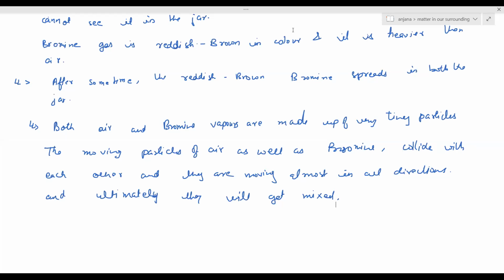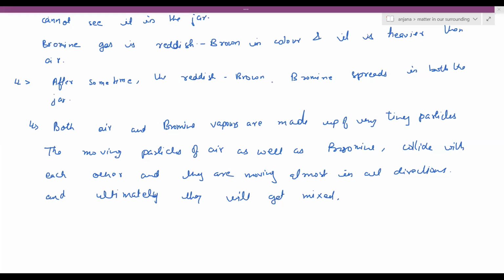Bromine gas is heavier, okay? Then why is it moving and getting mixed with the air? Because as compared to air, it is heavier. That means it will also have a gravitational pull. Then still it is getting mixed with the air. Why is that so? Okay, so Shivansh has asked the correct question, that it is heavier and still it is moving in upward direction.